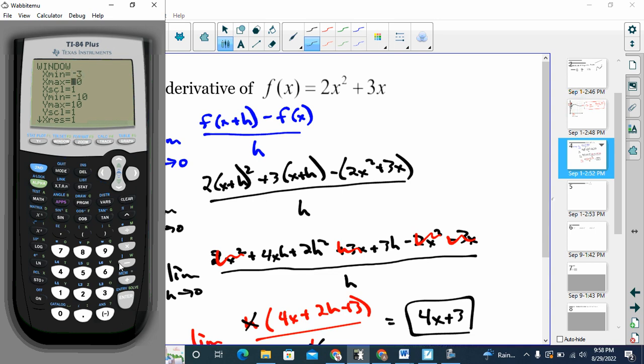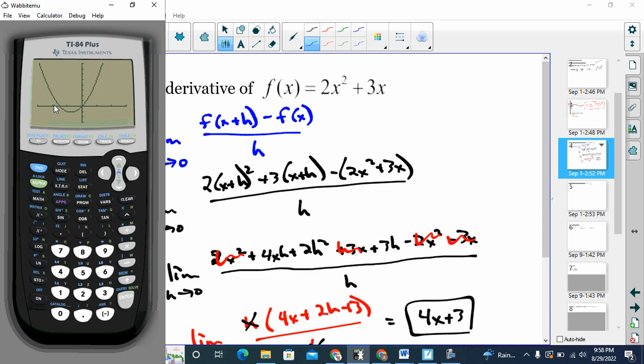Let's go from -3 to 3 on the x, and from -3 to 8 on the y.